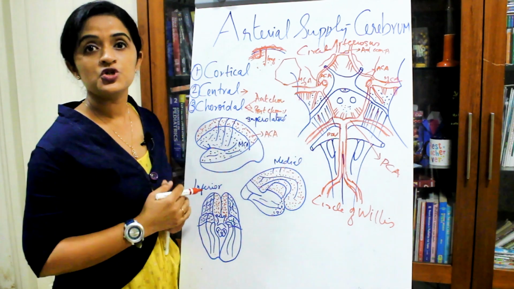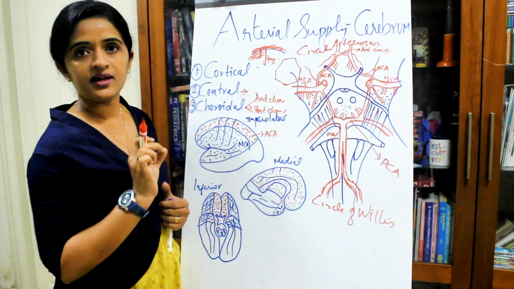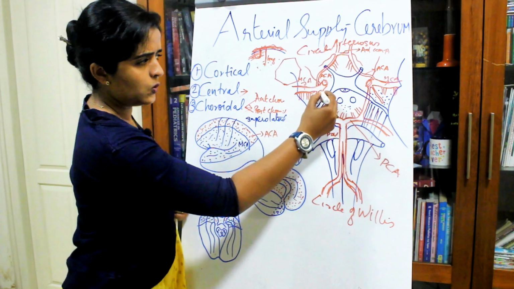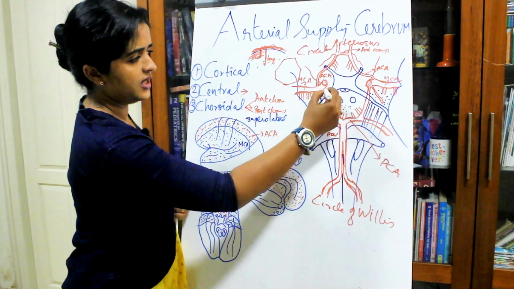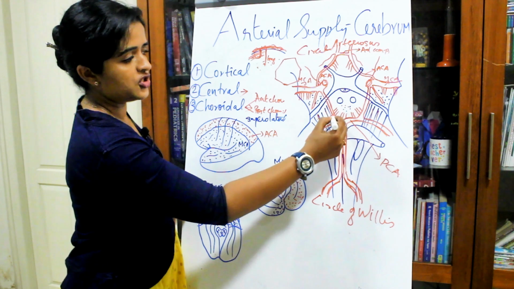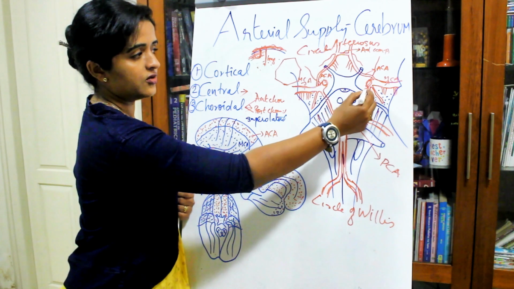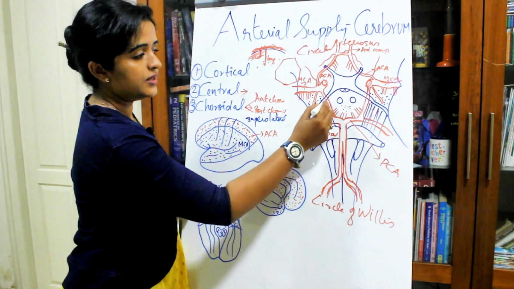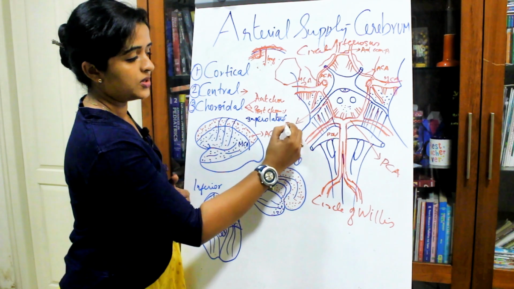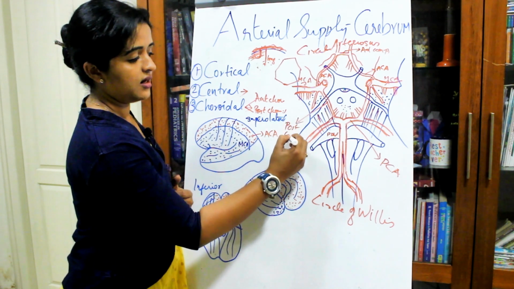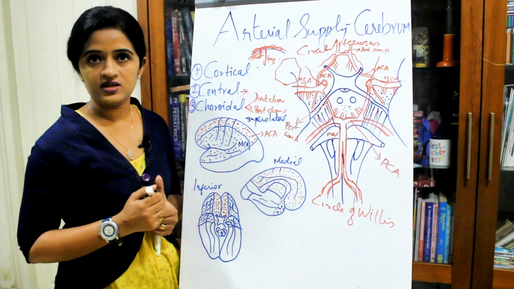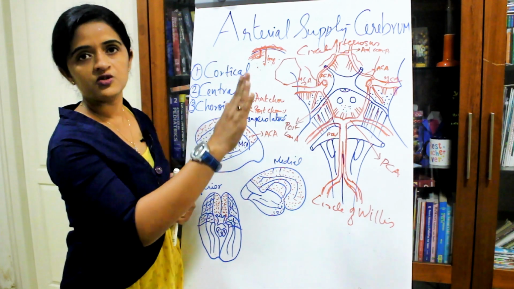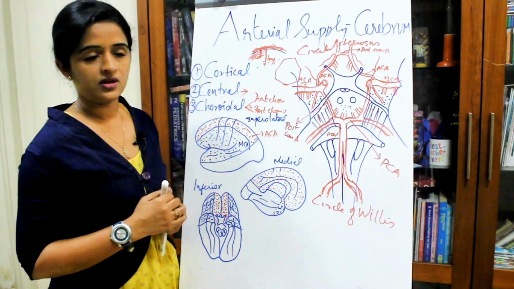Now these two systems should be connected. What is the connecting element? You can see one artery coming from the internal carotid artery and joining with the posterior cerebral artery on either side. This branch is known as the posterior communicating artery. So let's see the arteries eventually forming the circle of Willis.